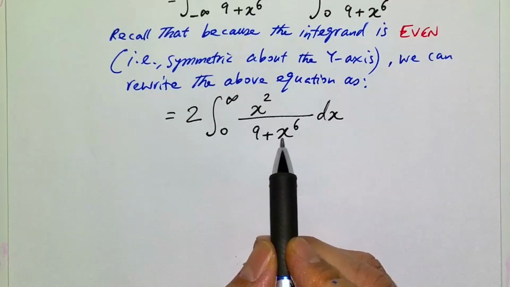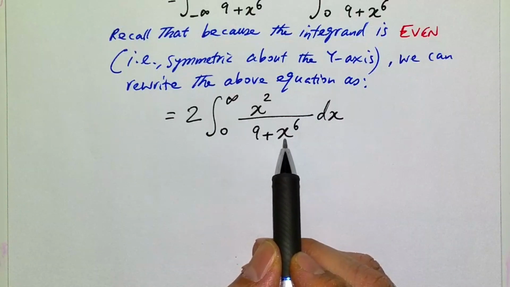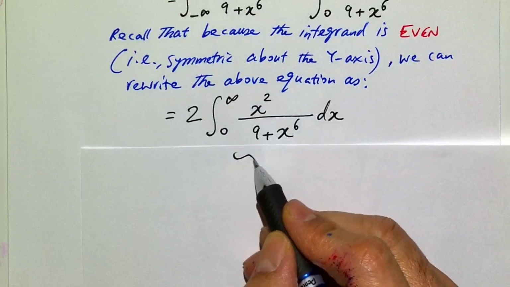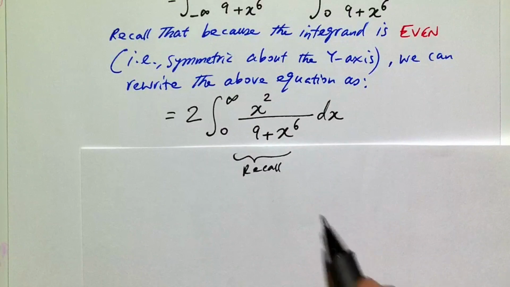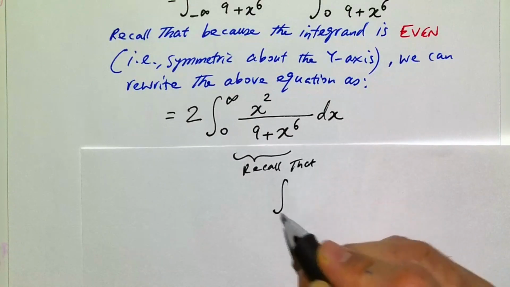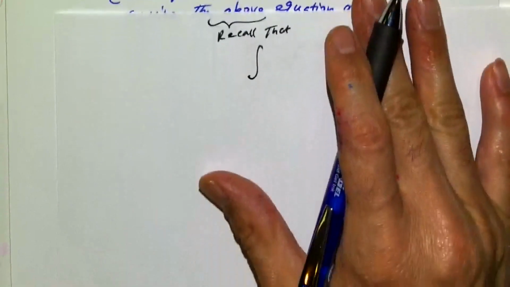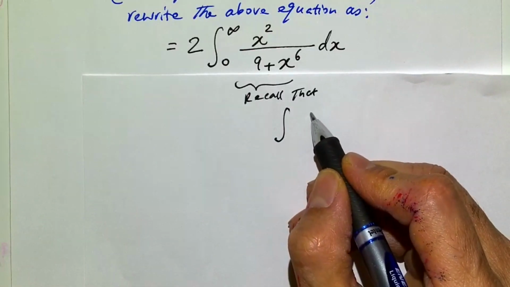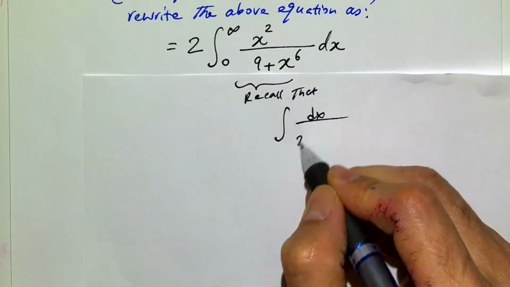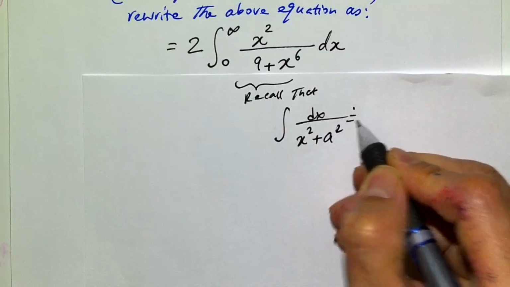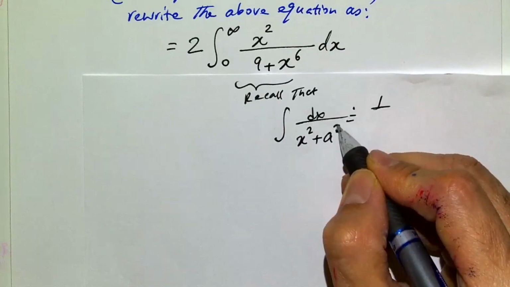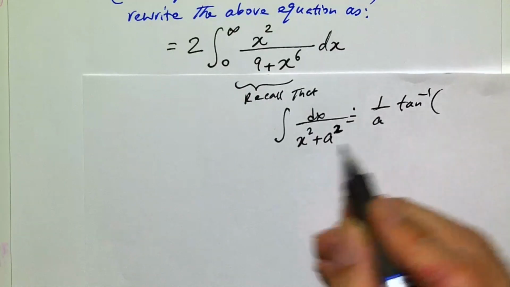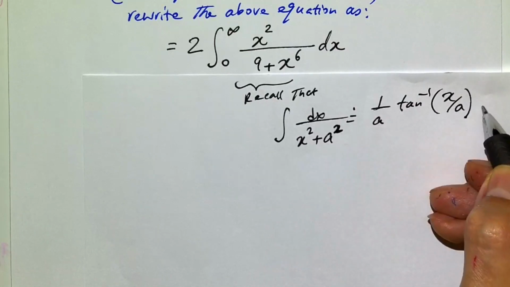But before that, recall this identity that we used in section 6.3: if you have the integral of dx over x squared plus a squared, this is equal to 1 over a times inverse tangent of the variable over the constant, plus c.